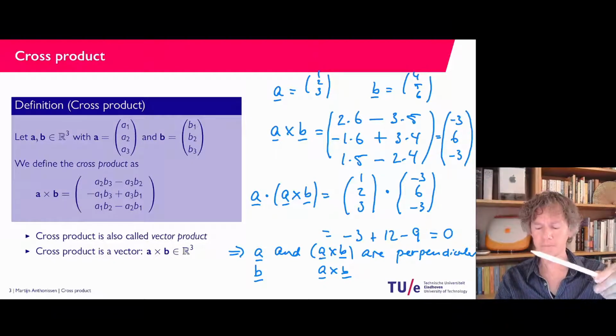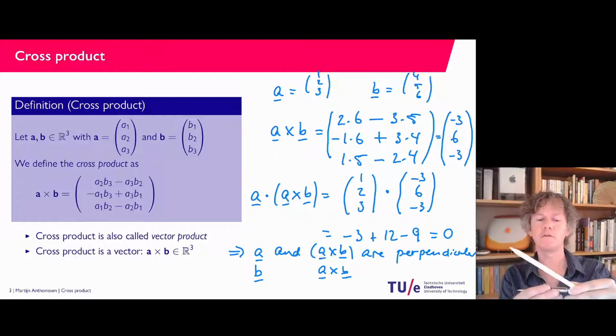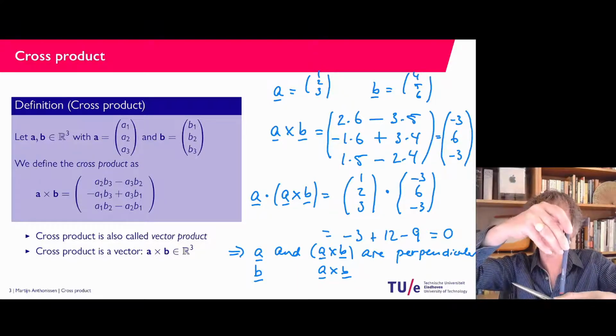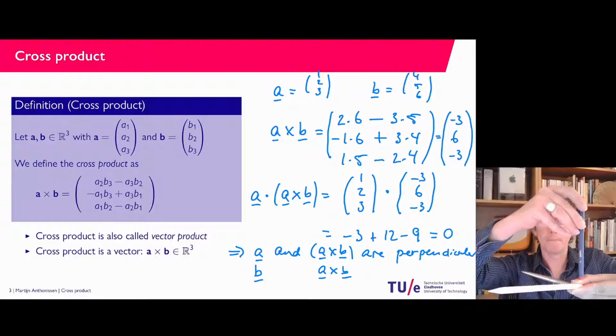I have a vector A. I have a second vector B. And then with this cross product, I can make a vector C that is perpendicular, orthogonal to both of them.